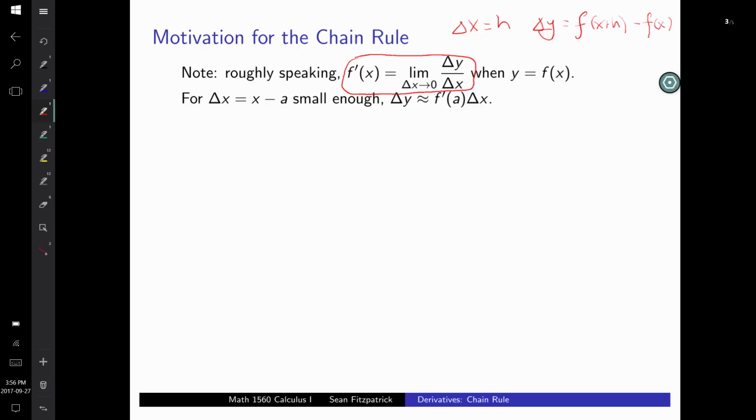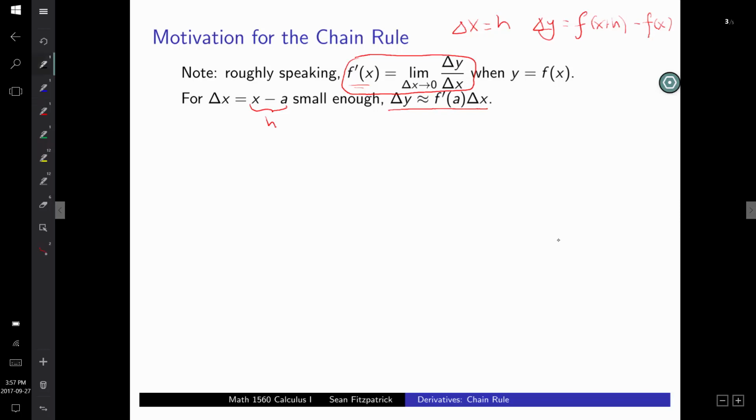And so as delta x gets closer and closer to 0, as h gets closer and closer to 0, this ratio delta y over delta x gets closer and closer to the actual limiting value of the derivative. So for small enough values of h, the change in y is approximately given by taking the change in x and multiplying by the derivative.